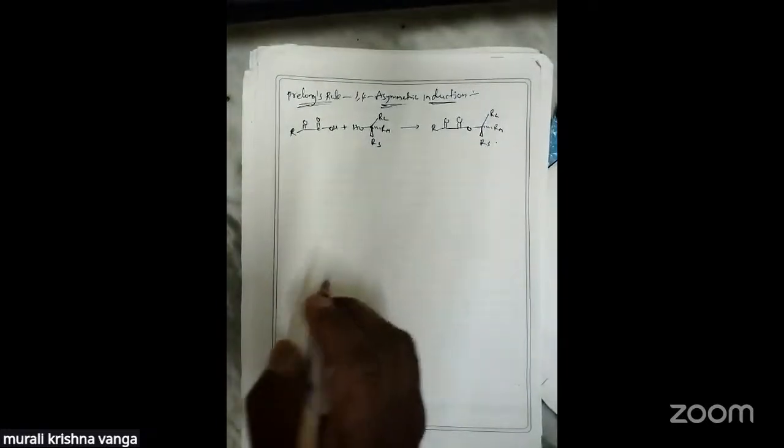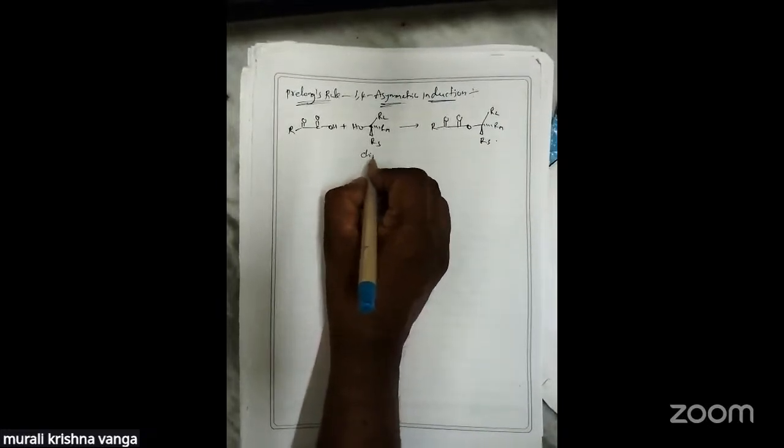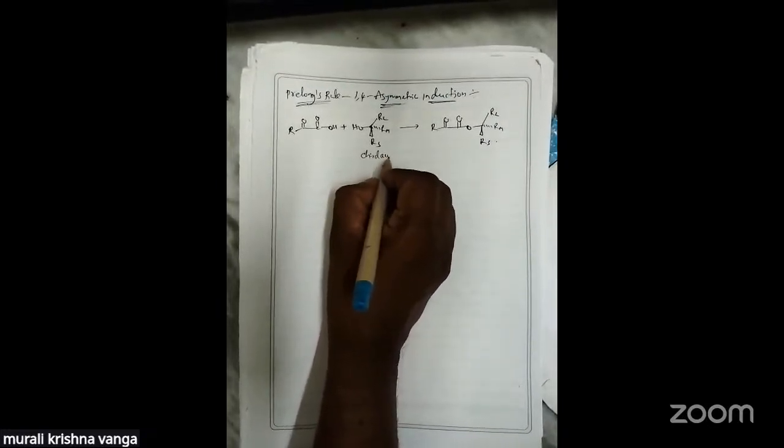So this is a chiral auxiliary. These notes are useful for 1,4 asymmetric induction.